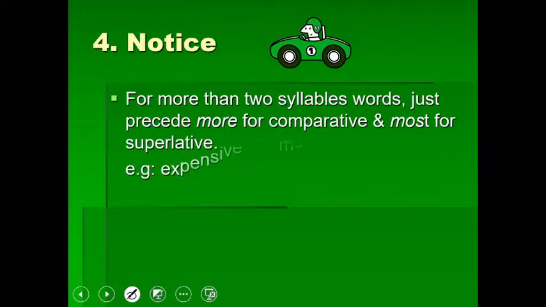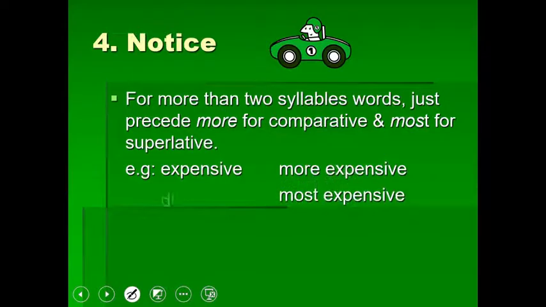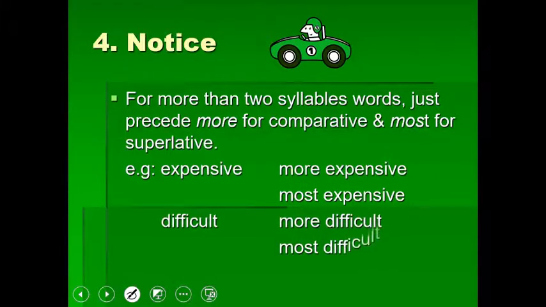Now, for words of more than two syllables, use more or most. When the word is too long, you use more or most. So, expensive, more expensive; difficult, more difficult.